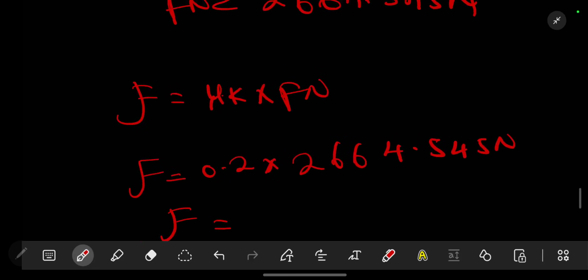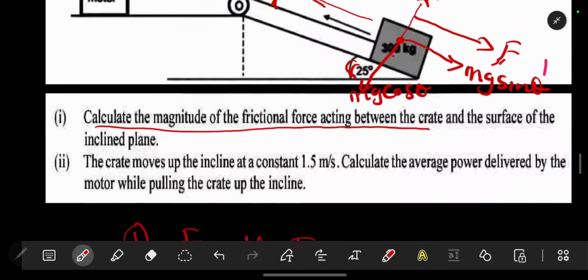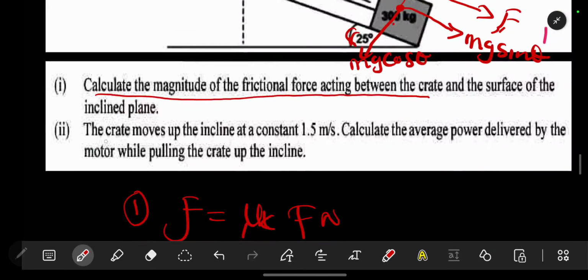Multiplying by 0.2 gives us 532.91 newtons. So this is our frictional force. Knowing that's the answer for that one, we are going to move on to this one.